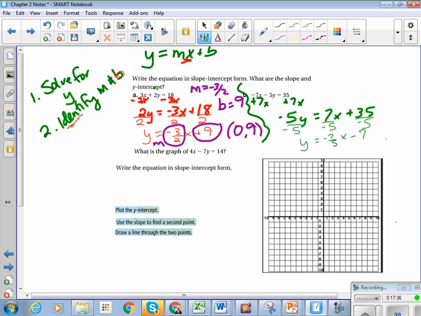So then we identify that my m value is negative 7/5 and my b value is negative 7, or we write that as (0, negative 7).